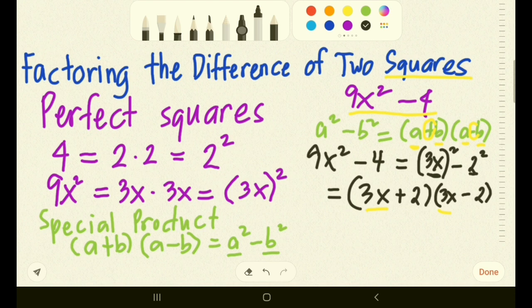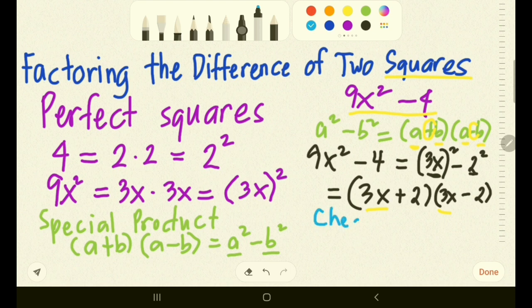What I told you last time, you can check the factors if they're correct. How? We're just going to multiply the factors. Let's check if the answer is really correct.